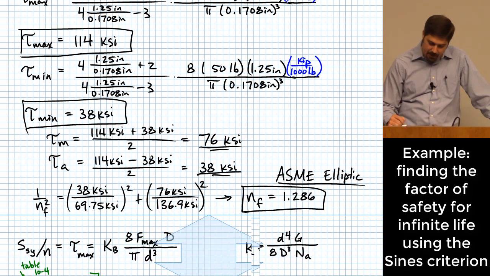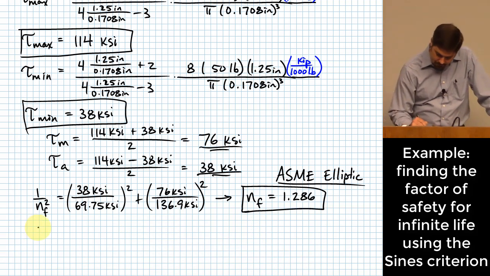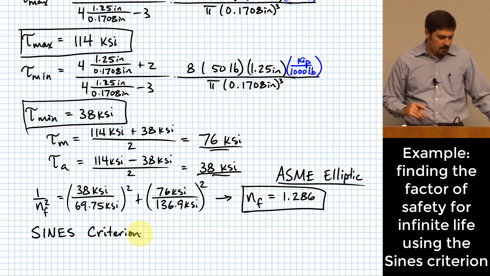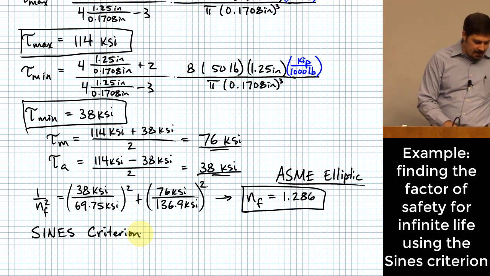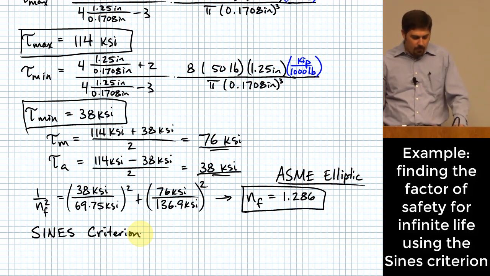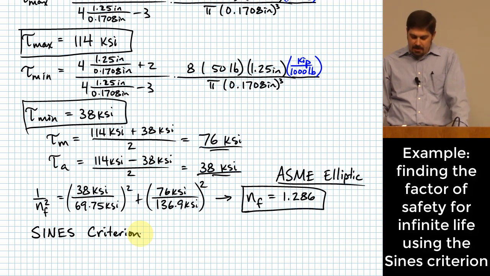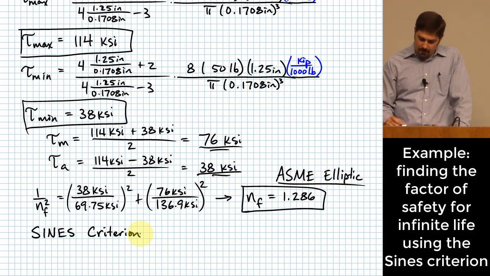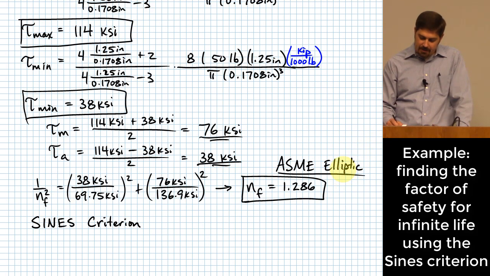It is called the Sines criterion. The Sines criterion is based on the idea that, according to test data, when they actually test these springs, their failure behavior is less dependent on the mid-range stress than most of these failure criteria seem to predict.